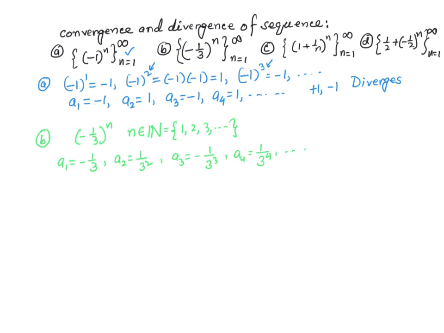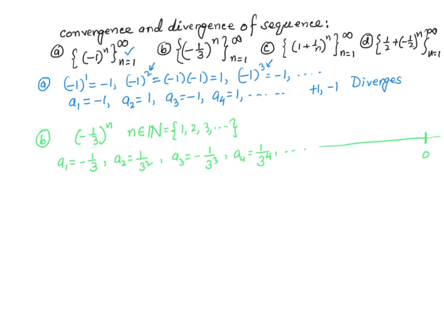This sequence actually converges, even though the individual terms alternate between positive and negative. However, they approach 0. So let's say this is your point 0, and it's going to go between positive and negative.